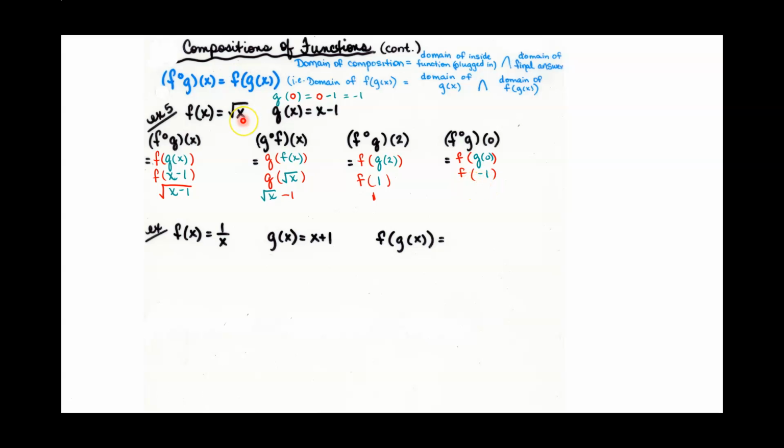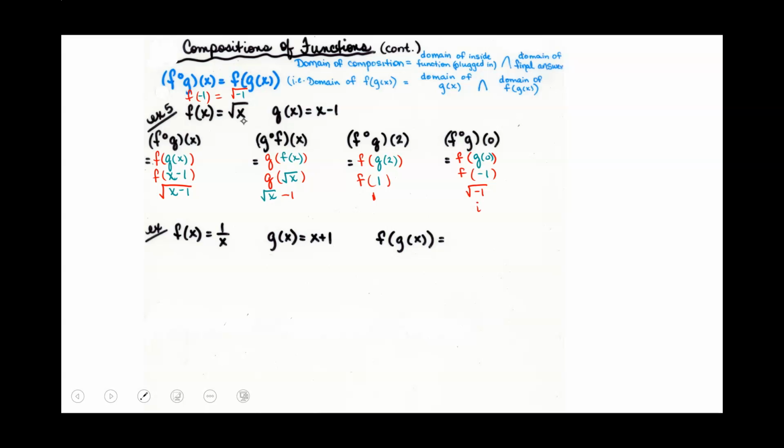If I put negative 1 in the place of x in the f function, I'll get the square root of negative 1, which is i. So you can see we're going to have some domain restrictions with compositions. Let's look at another one of these, and then we'll look at the domain associated with it.